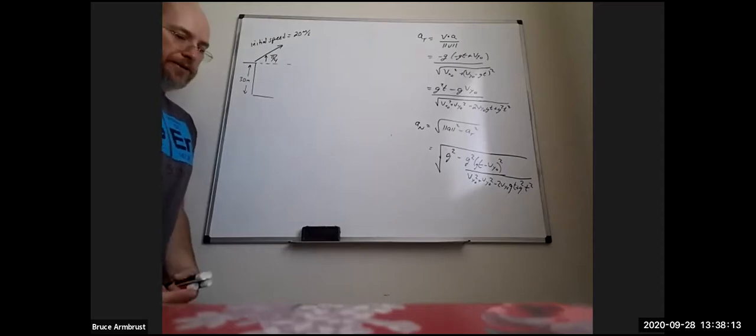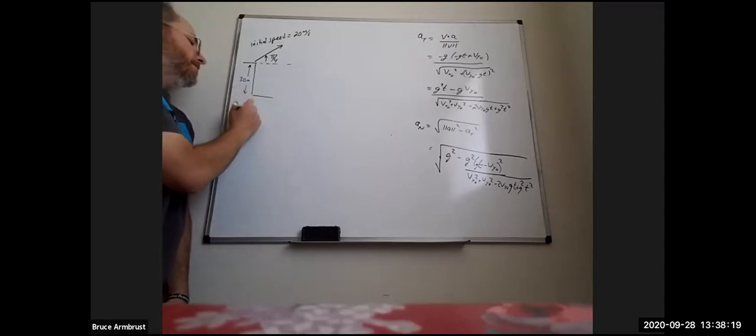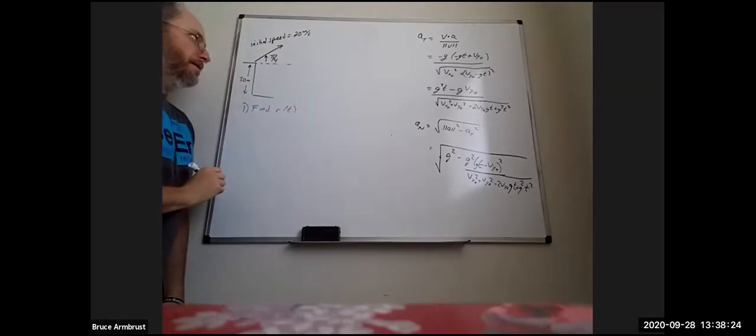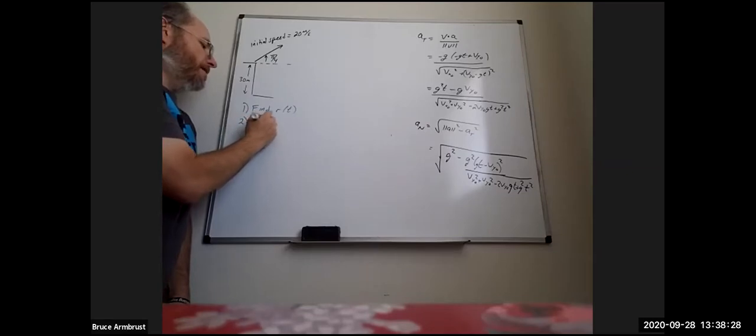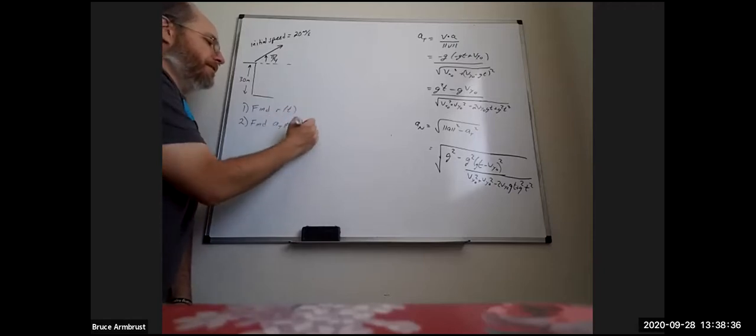So here's what I want to do. I want to get an R, a position function. So that's going to be the first thing we're going to do. We're going to find R of t. And then we're going to find a sub t and a sub n at a couple of different places.